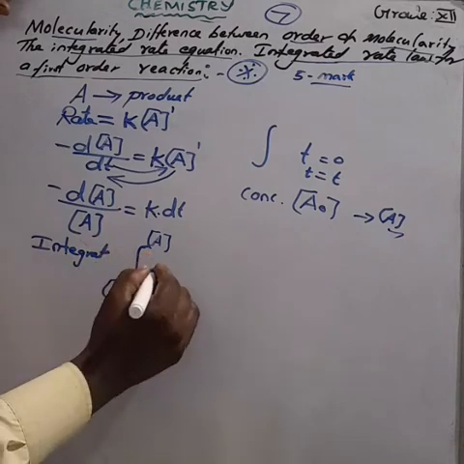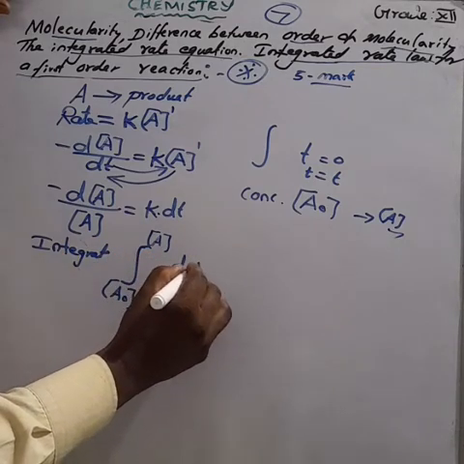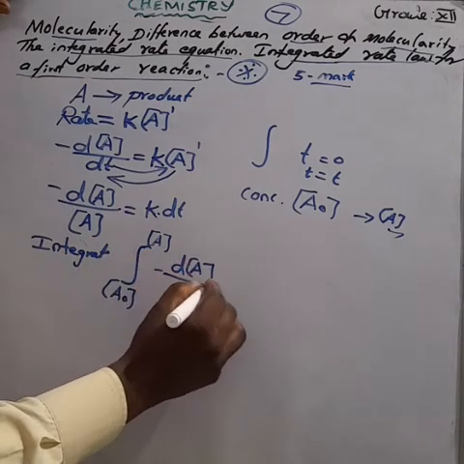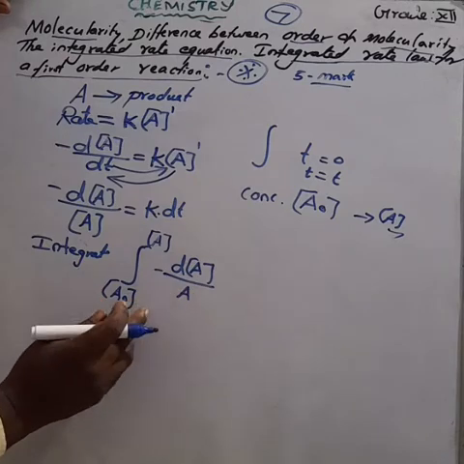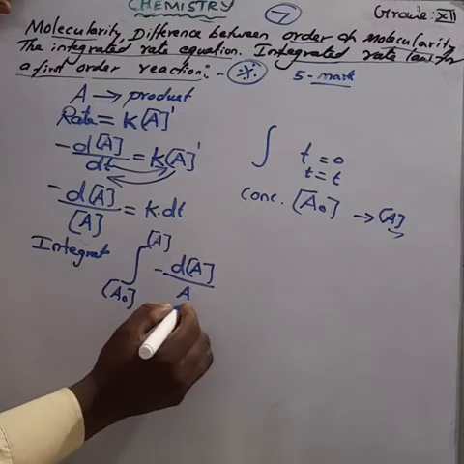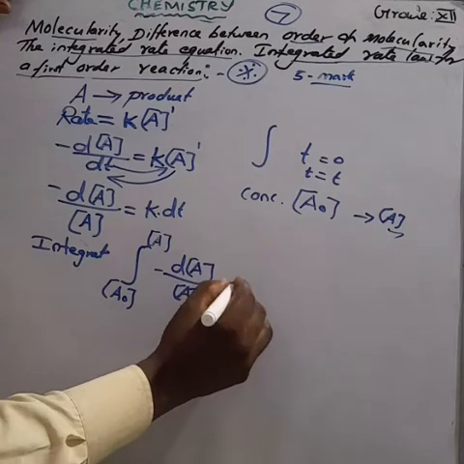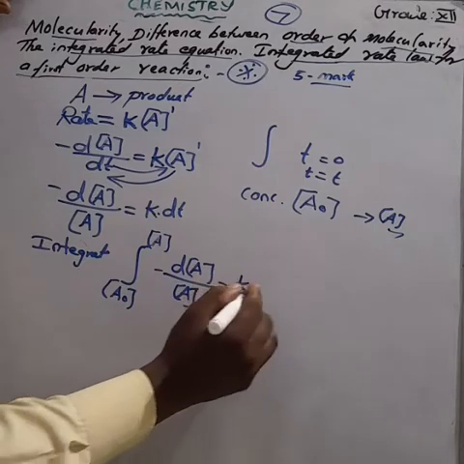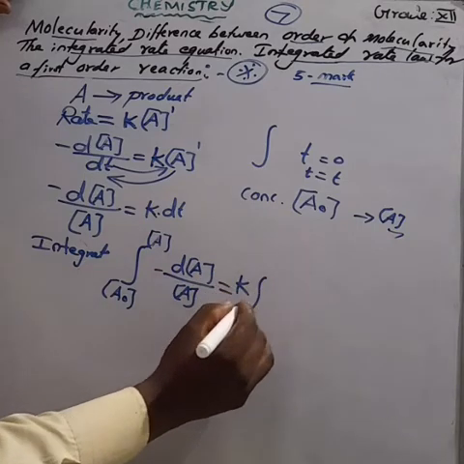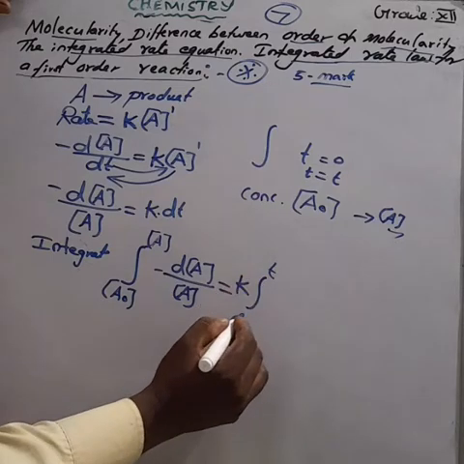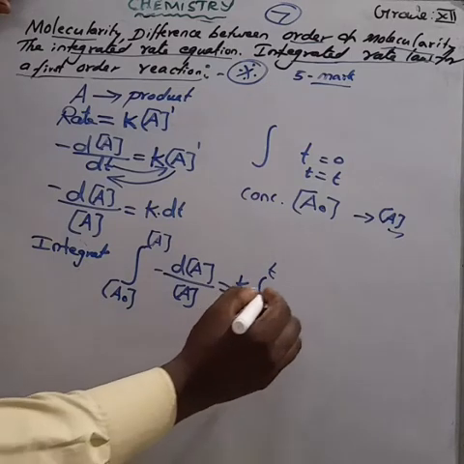Integral of minus d[A] divided by [A] is equal to k times the integral of dt from 0 to t.